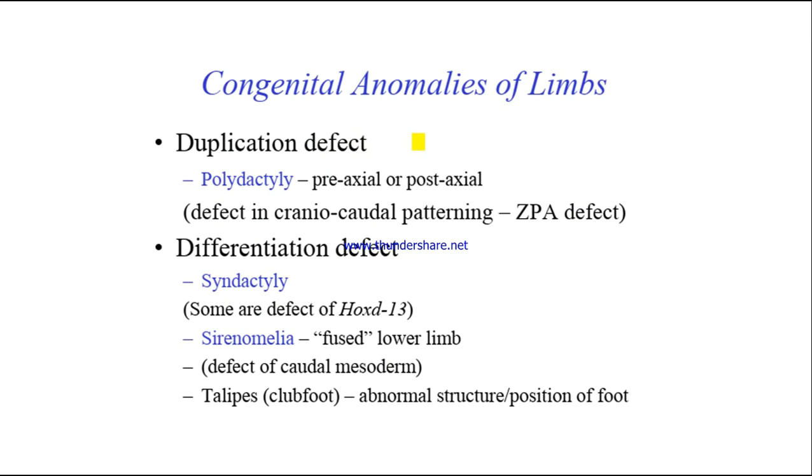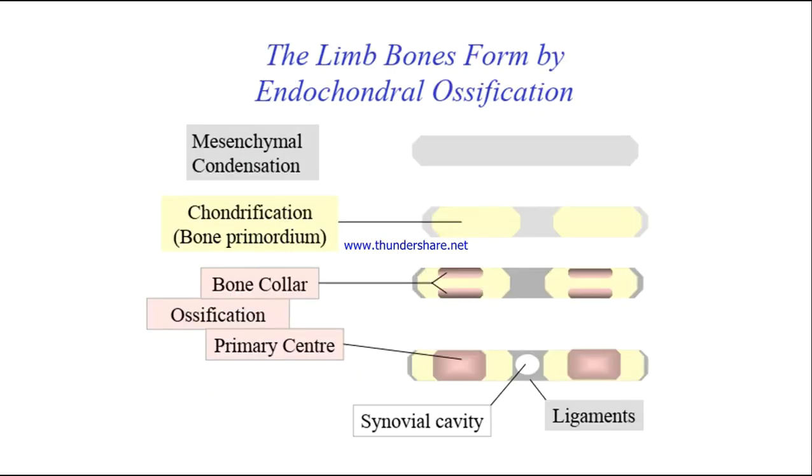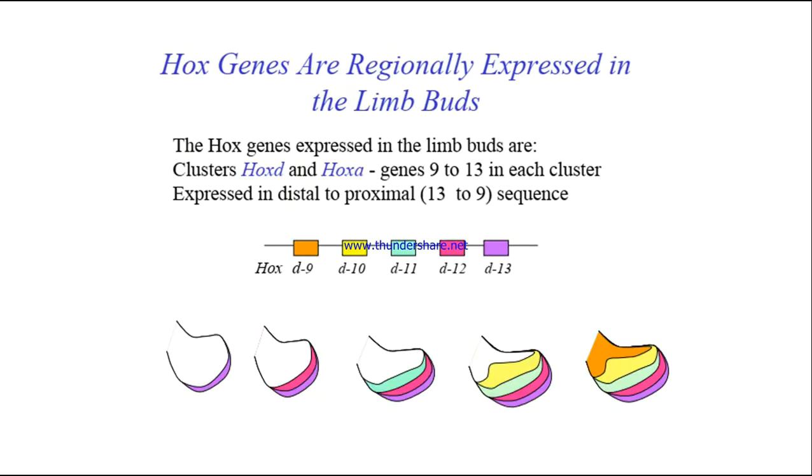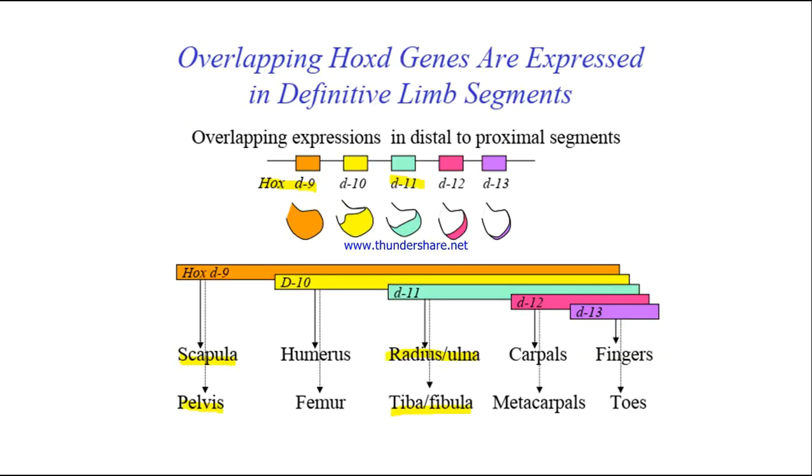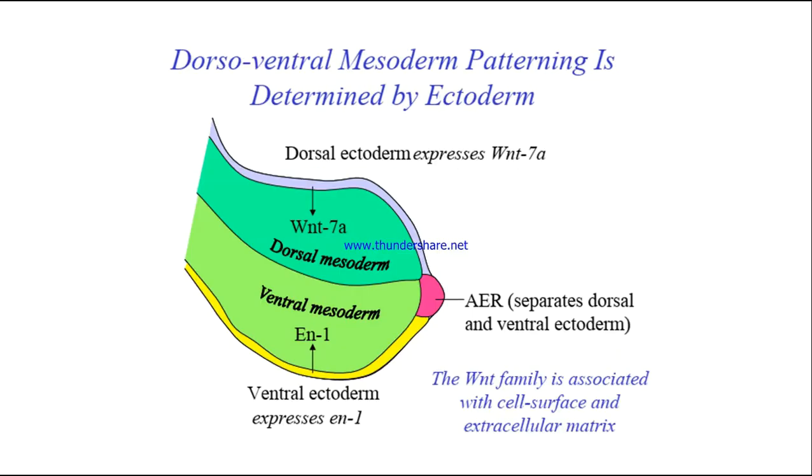Following on, we have the duplication defects, polydactyly, preaxial and postaxial, and this is often a defect in the craniocaudal patterning, a ZPA defect. Then there are differentiation defects, syndactyly. Some are defects of HOXD13, which I'll go back to quickly to show you where we highlighted that. So here we go.